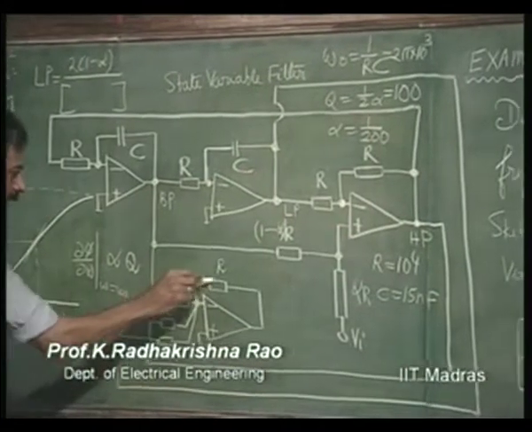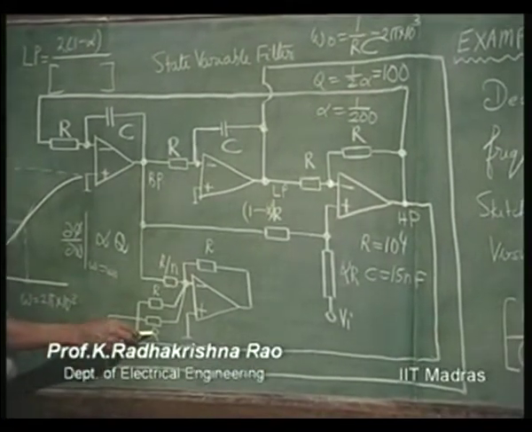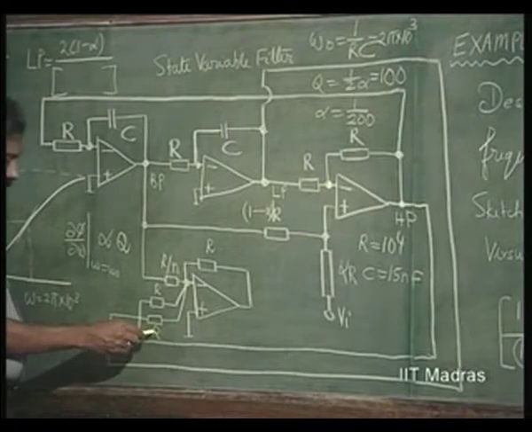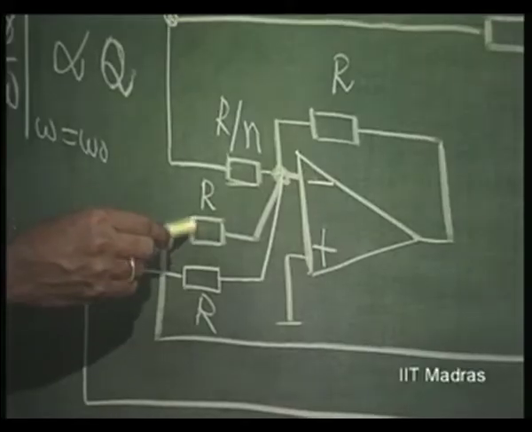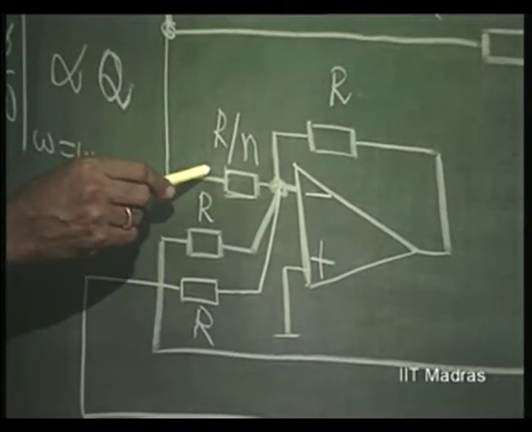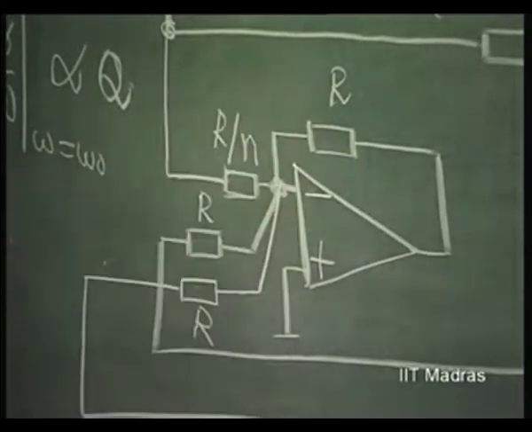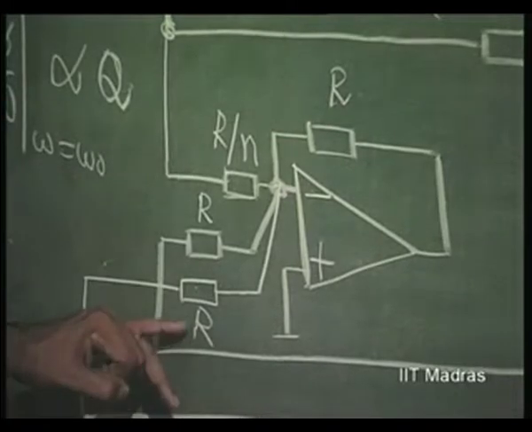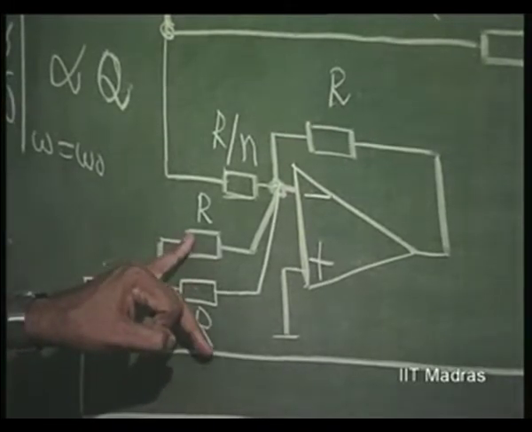This is a summing amplifier. I am adding low pass with high pass and band pass with a modified coefficient. Here it is going to give inversion for both low pass and high pass, just minus 1.